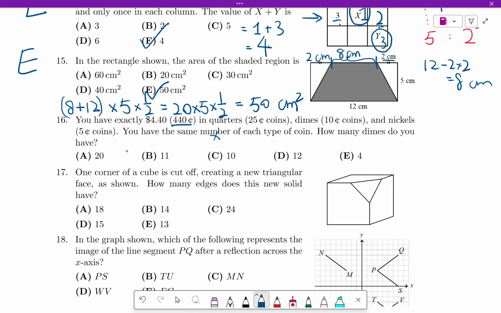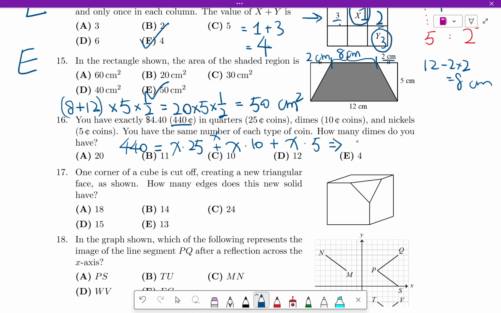So this total amount of 440 cents would be equal to x coins of quarters, which is 25 cents, plus x coins of dimes, which is 10 cents, plus x coins of nickels, which is 5 cents.